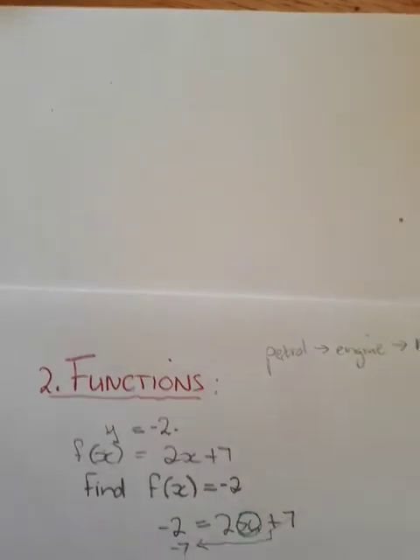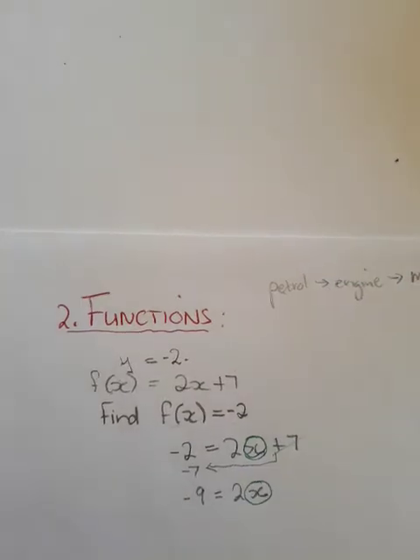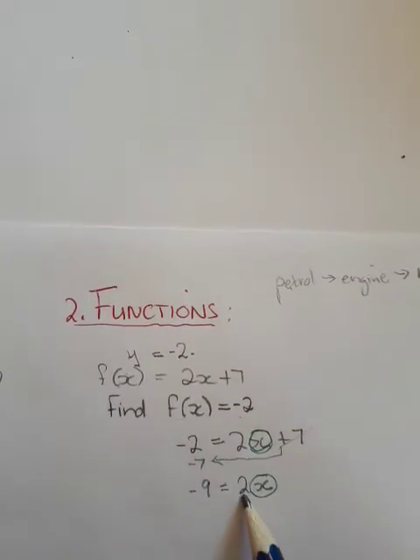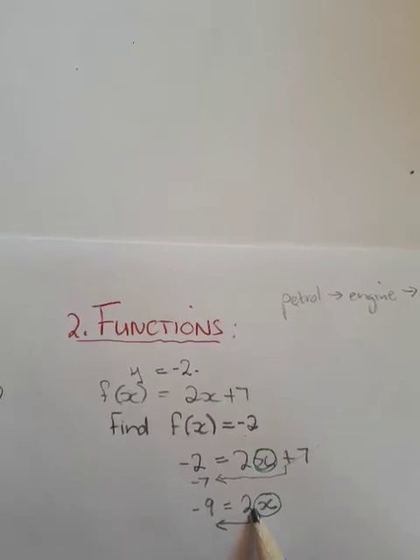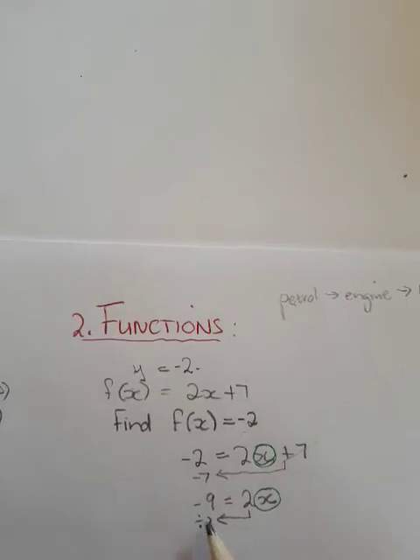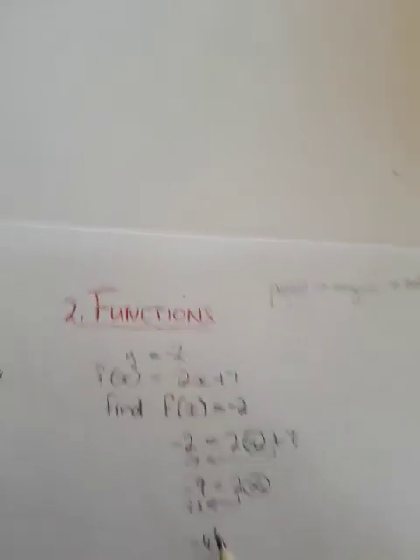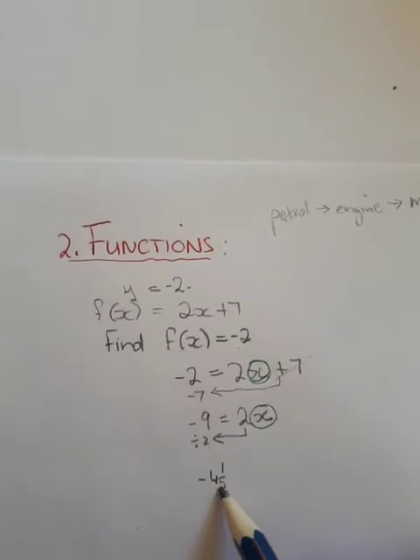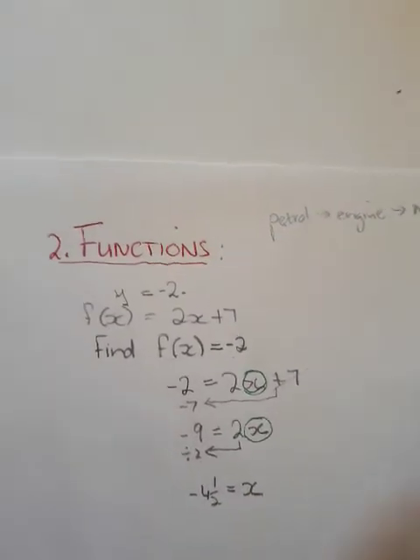Remember, the 7 was moved. Now again, we want to find x, which tells me that I must move over the 2, which is multiplied on that side. It becomes divide on this side. So negative 9 divided by 2 is negative 4.5, which is the value for x.